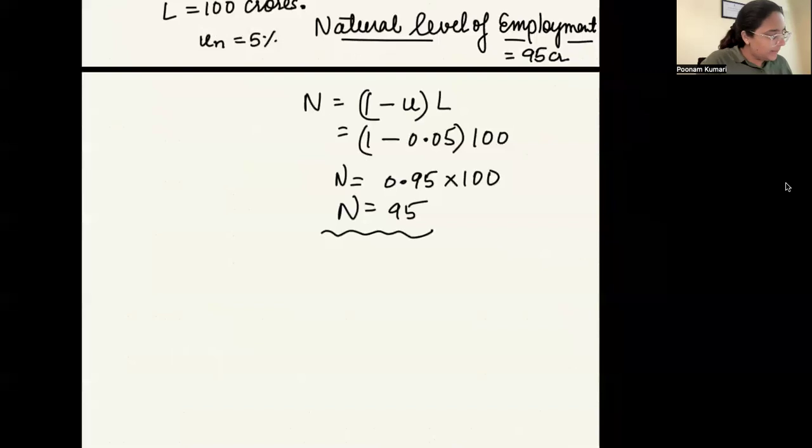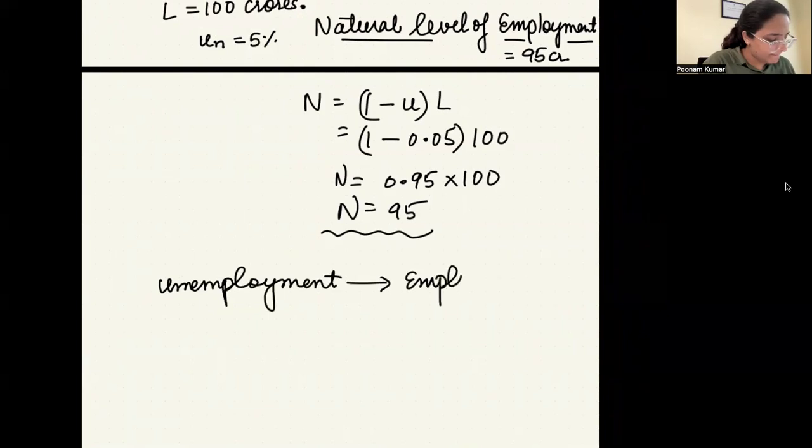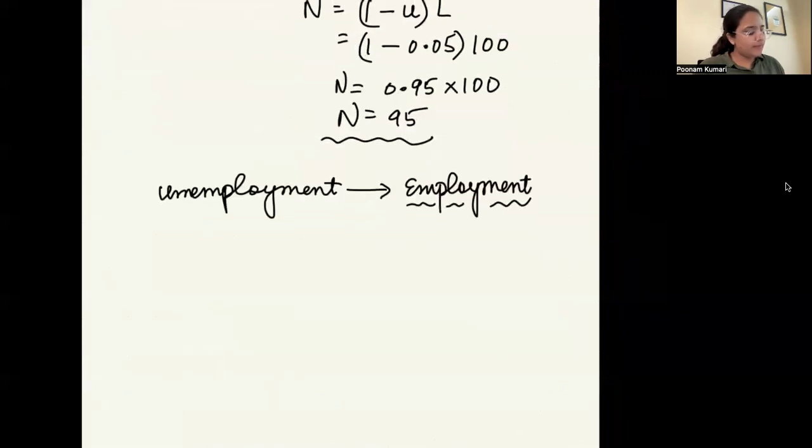सो यहां से तो मैं अनएम्प्लॉयमेंट रेट से I went from unemployment to employment. So we understood what is natural level of employment, what is natural rate of employment. Now, if I want to move from employment to output, I know that there is some relationship between employment and output.